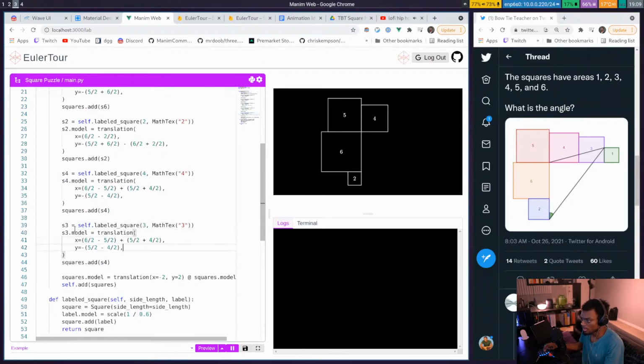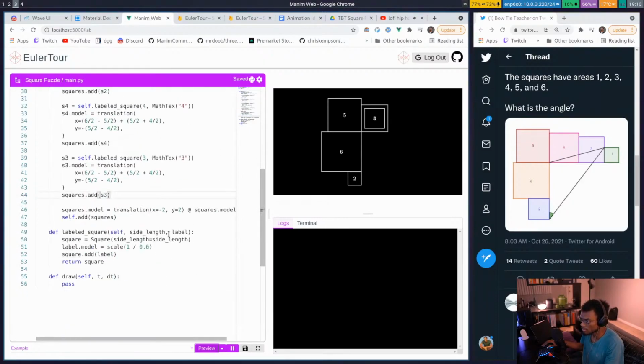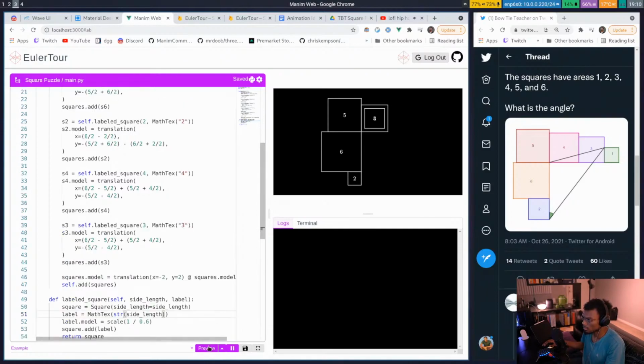I guess there isn't much point in passing this number twice. Side length. Let me just make the label here. Label equals map type, string of sideline. I think this won't change anything.